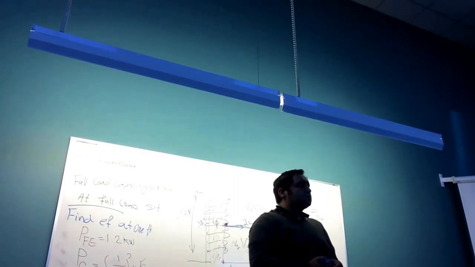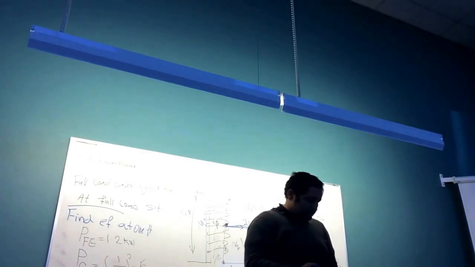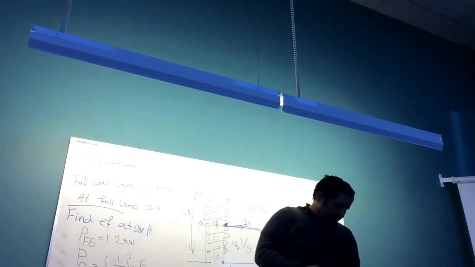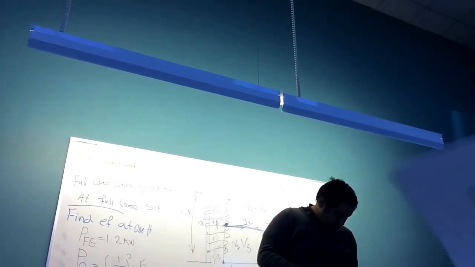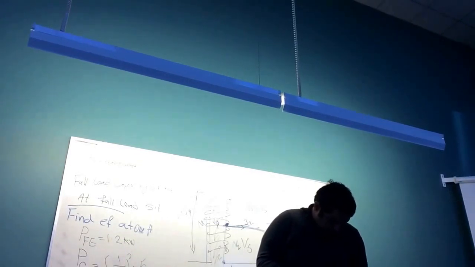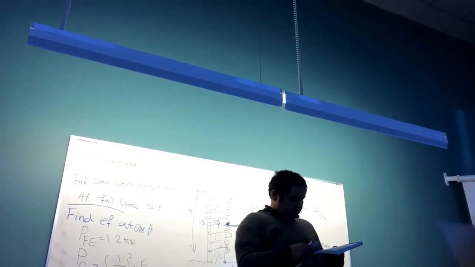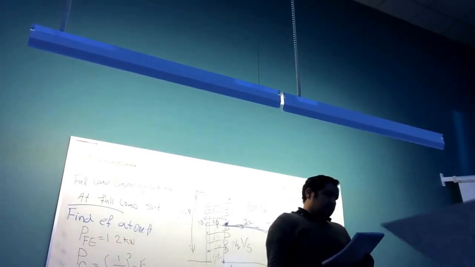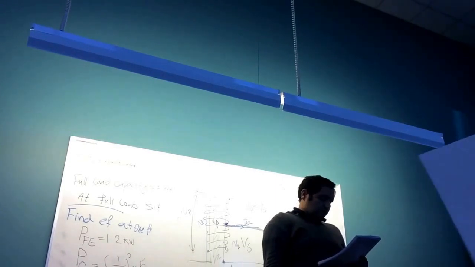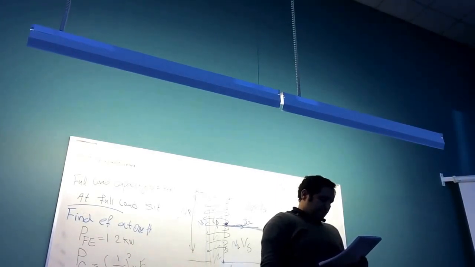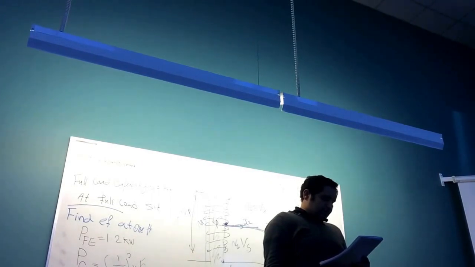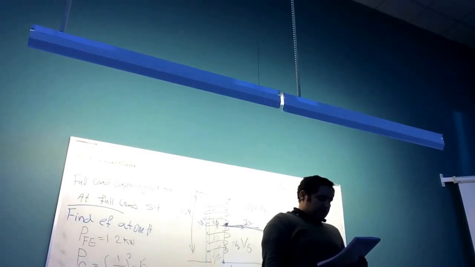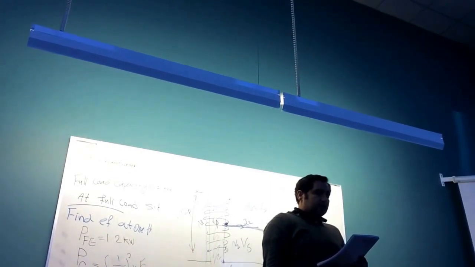Question number 6. A transformer of 250 kilovolt ampere has iron losses of 5 kilowatt and a full load copper loss of 16 kilowatts.